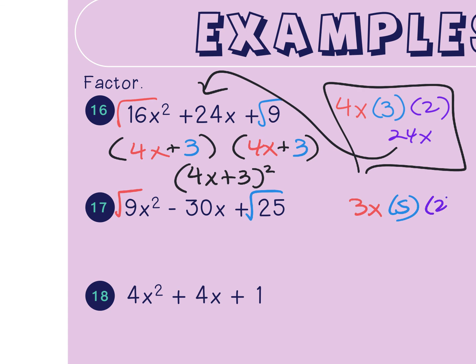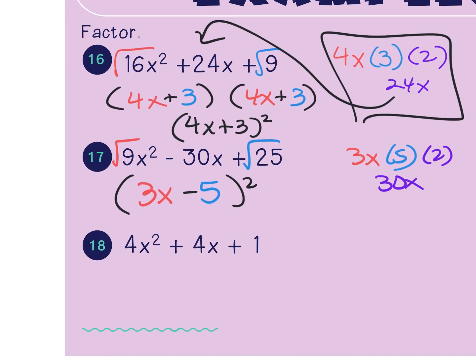And now I'm going to double it, and I end up with 30x, which is the middle. Let's go ahead and put it in here. Since it did give us the middle, all I'm going to do is take the square root of 9x squared, square root of 25, and then it gets the sign of the middle, and it's squared. Or you can write it twice.